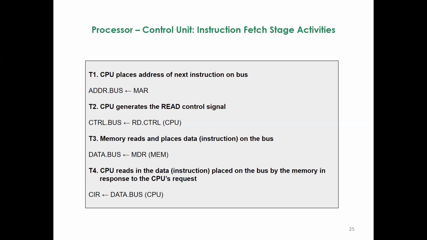So we are already starting to introduce the key components of a bus. There are address lines included in a bus, there are control lines, and then there are data lines.